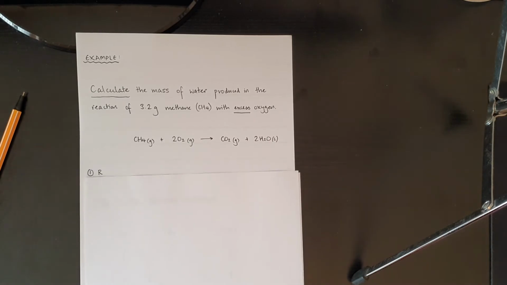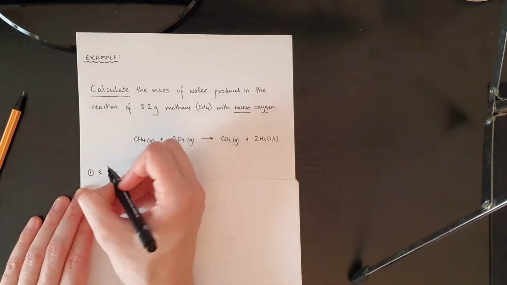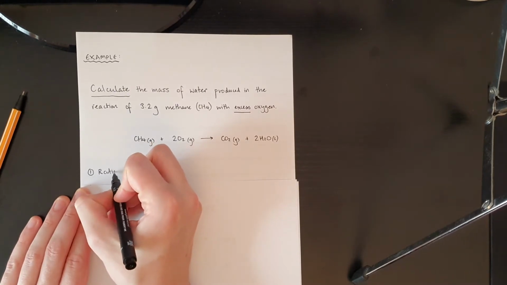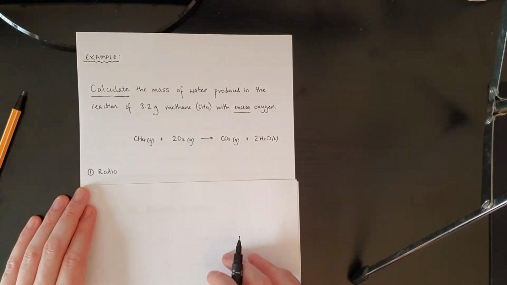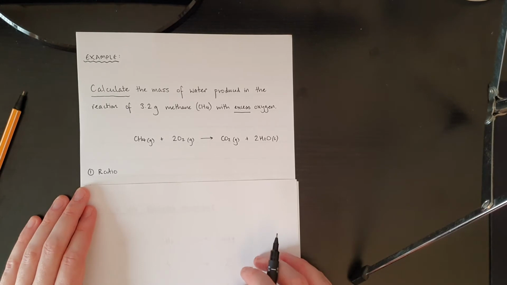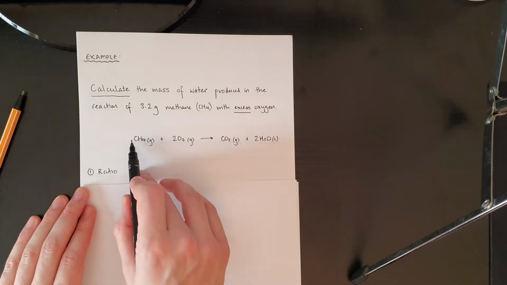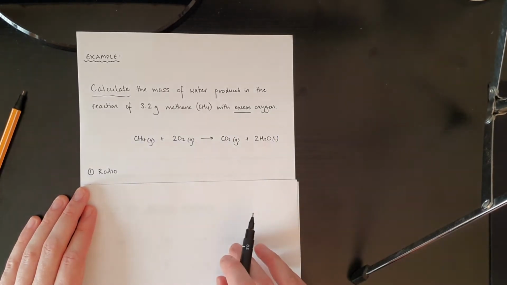So, first step, we want to come up with a mole ratio. And that is dead easy, because all we have to do is look at the big numbers in our balanced equation. So if there's no number in front of the compound, it means there's one of them. And if there's a number, then there's that number of moles.